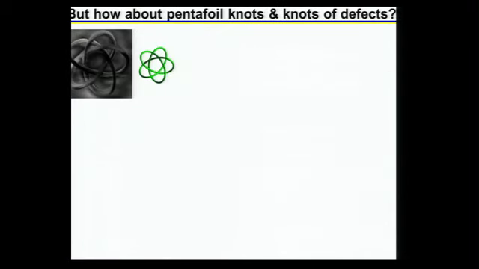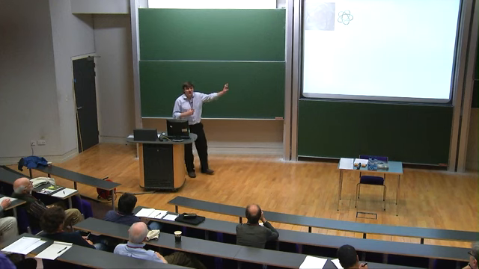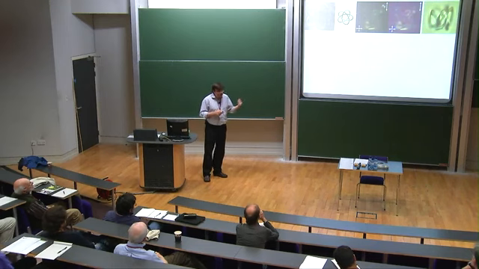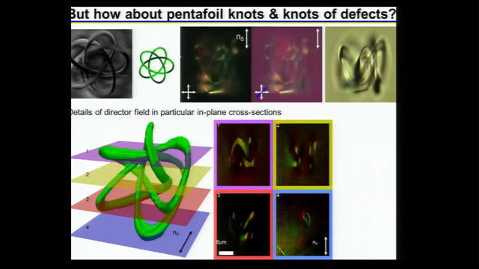And there are, in fact, just like in the case of handle body-shaped particles, many metastable states that would correspond to different orientations of those colloidal knots with respect to far-field director. I just showed you today very basic ones. So similar kind of study can be done also for pentafoil knots, for example.